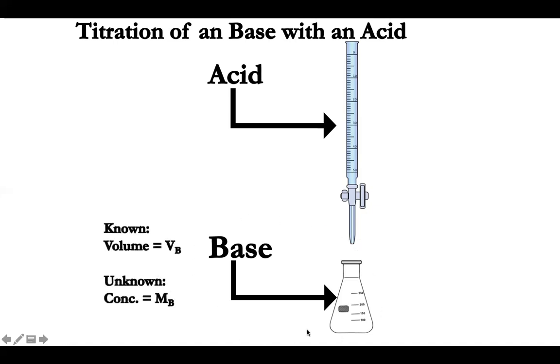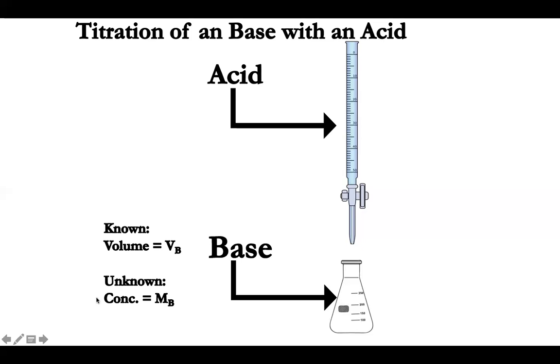And we would know the volume of the base because we would fill up the base to a certain amount in the Erlenmeyer flask. Let's just say, hypothetically, we put it up to this line at 100 milliliters. We would know, hey, we have 100 milliliters of this unknown concentration of base.